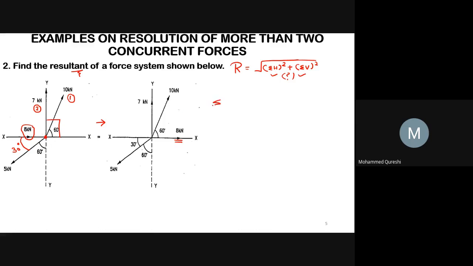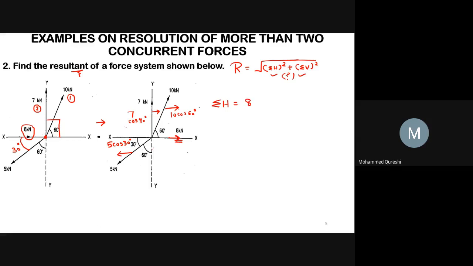Our first step will be to calculate the horizontal force, that is sigma h. This will be your horizontal component, 7 cos 90, and here this will be your horizontal component, 5 cos 30 degree. So all the four components we have to add in sigma h.